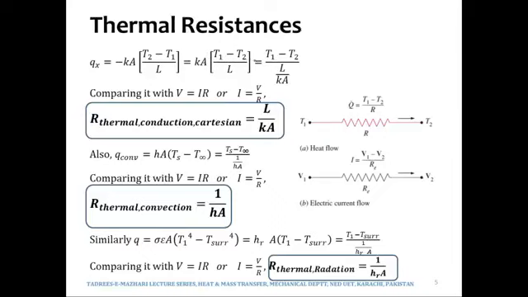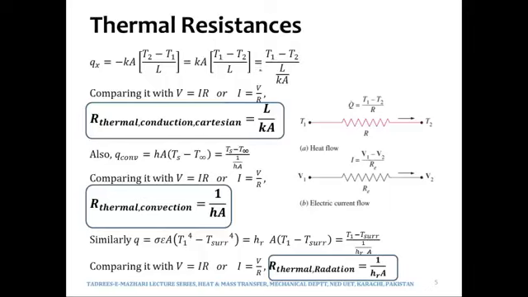And kindly listen very carefully: if we now write this in such a form that we only keep delta T in the numerator, and we take the rest of the parameters in the denominator, we will have T1 minus T2 in the numerator, and the denominator will then be written as L over kA, because this kA can be taken over there from the numerator. So we will have the same equation again.